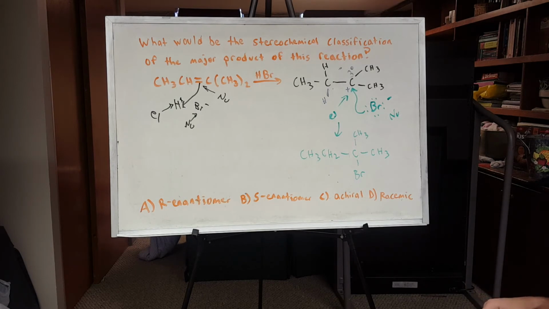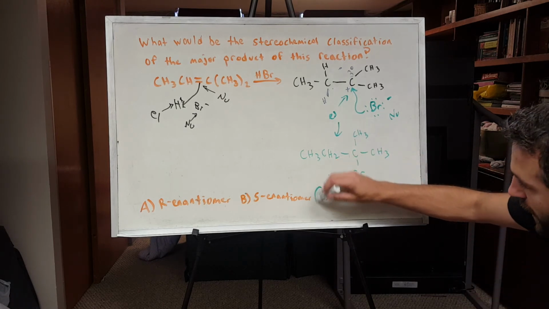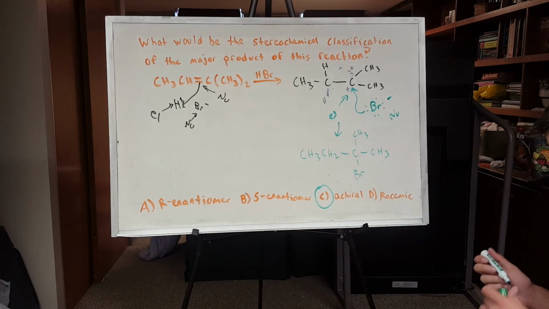Every carbon in this molecule has at least 2 of the same substituents attached to it, so that makes each carbon achiral. There are no chiral centers in this compound.